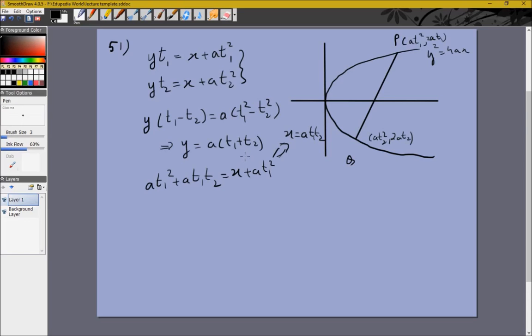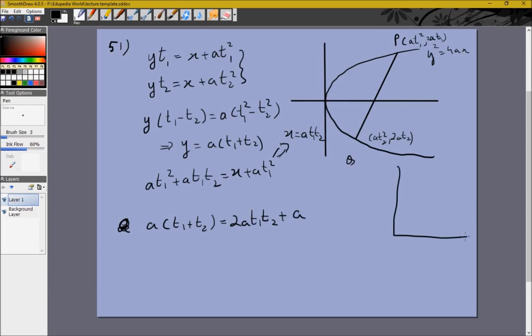Now we know another thing about this point, which is that it lies on y is equal to 2x plus a. That means a times t1 plus t2 is equal to 2a t1 t2, that is 2x plus a.